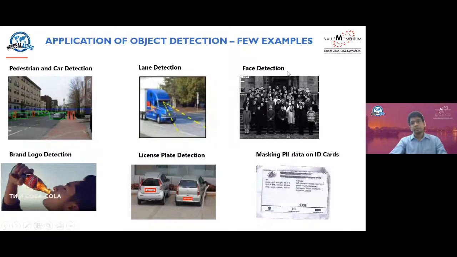Face detection: you have images and you want to see how many people are there in the image. An extension of this is that once you detect, you can also have recognition of those faces, such as face recognition of a celebrity. But it is predominantly used to count how many people are in the image and find the position of a person's face in the image.